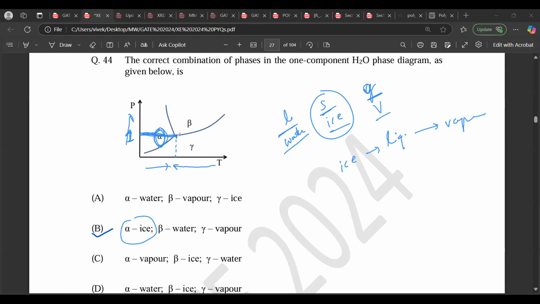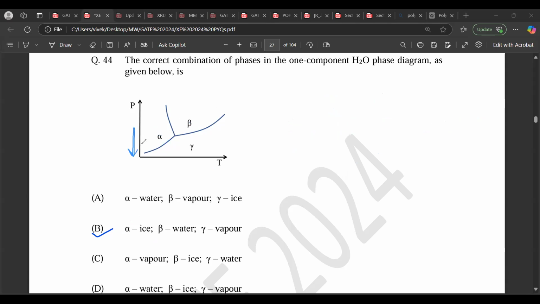With respect to atmospheric pressure and the melting temperature of water, you'll get the liquid phase here. If you decrease the pressure, then your ice can directly become vapor without giving much temperature.